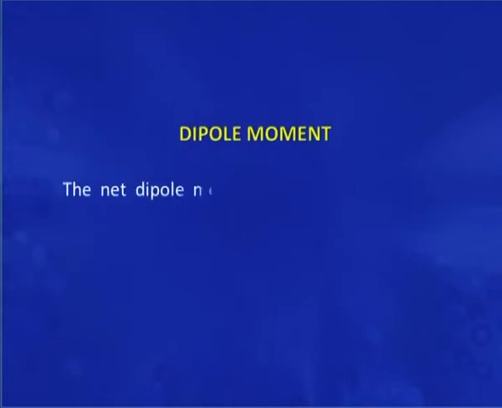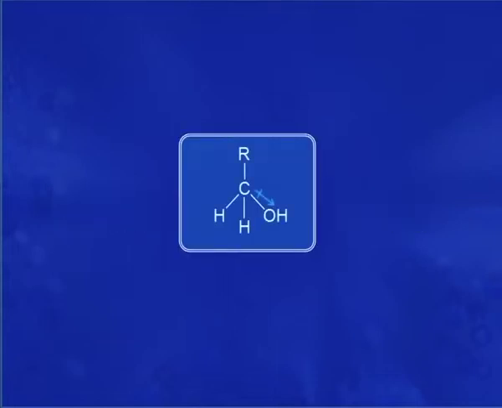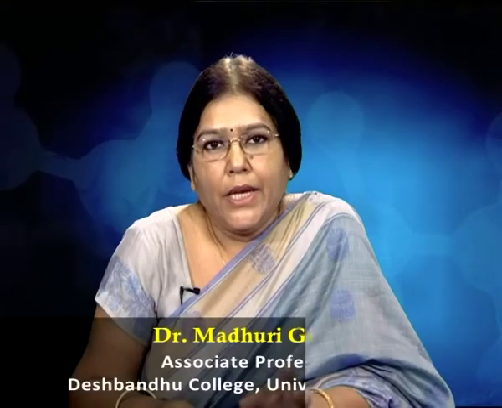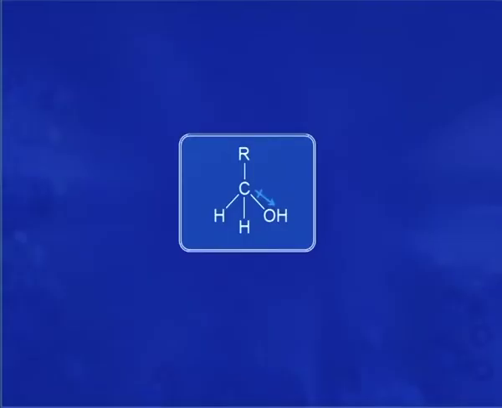The net dipole moment of a molecule is the vectorial addition of individual bond moments. Actually, in a molecule there are many bonds, so when we have to see the dipole moment of that particular molecule, the net dipole moment will be the vectorial addition of individual bond moments.